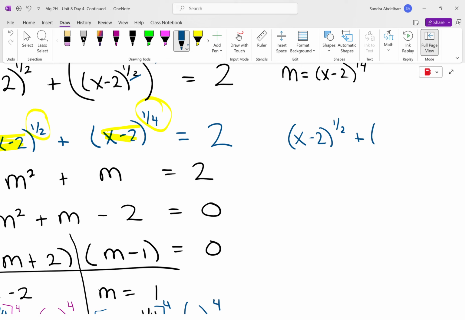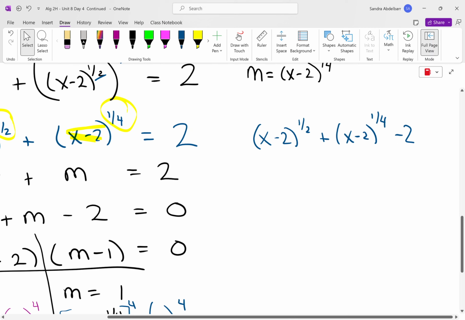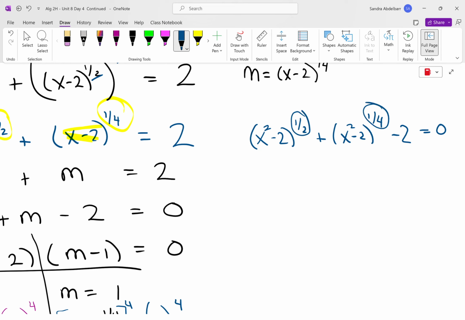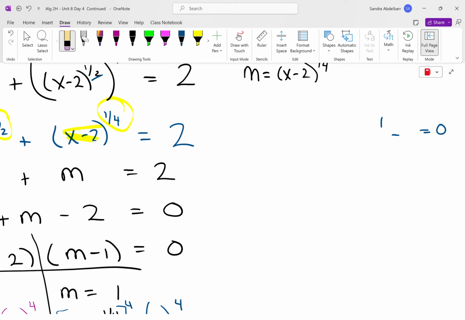So you're saying if it was x minus 2 raised to the half plus x minus 2 raised to the 1/4 minus 2. Yeah, but the x is raised to it. Yeah. You would factor it. Okay. There's nothing to foil. But we still have the solution to go back and substitute it. You would still have to because of these radicals. Anytime there's a radical, you have to check it.